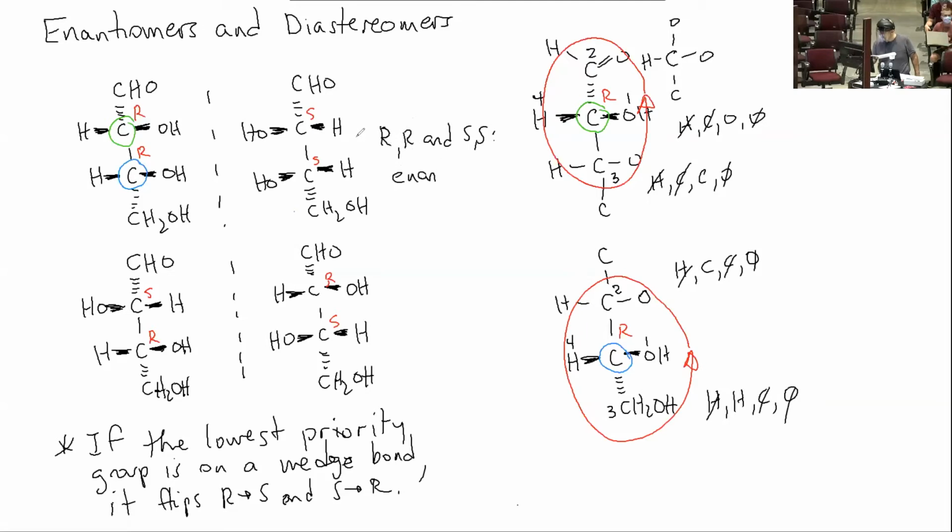Or again, if you wanted to call them 2R,3R and 2S,3S. But I think it's clear enough this way. You'll know what you need to put based on how the question's phrased. So those are enantiomers. And we also have that the SR and RS compounds are enantiomers. So we have 2 pairs of enantiomers.